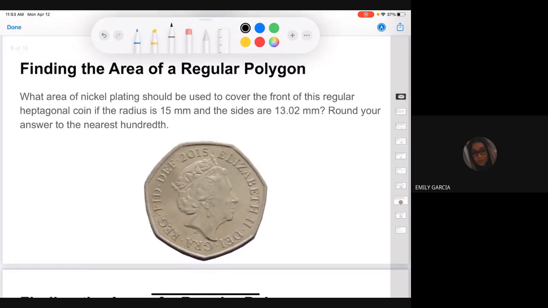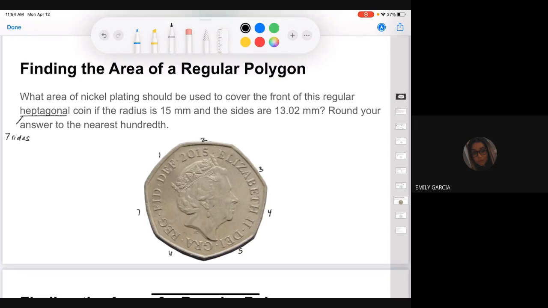So basically, I'm just going to do it again, just to make sure we understand. This one says the area of nickel plating should be used to cover the front of this regular heptagonal coin. Heptagonal is 7 sides. You can also go ahead and count the sides. So 7 sides.